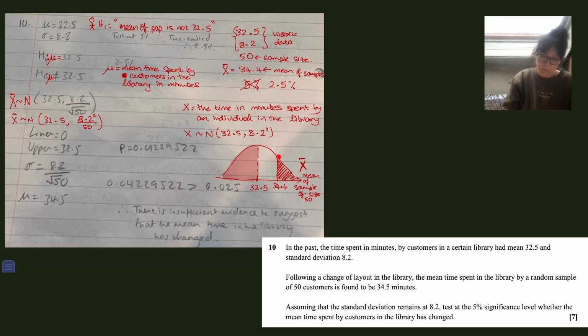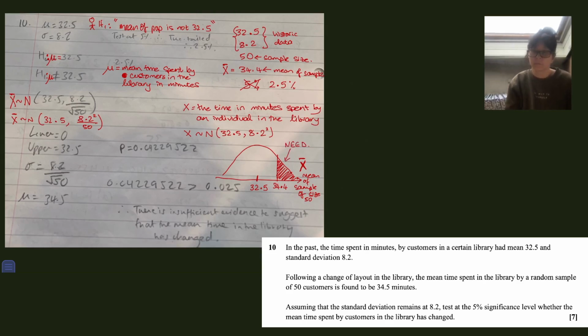We've got the distribution of x bar, which has a mean of 32.5, which is what H0 is claiming, and then we've got a result from our sample of size 50, which is 34.4, and what we need to find is this area here. I'm going to get rid of this because this is not relevant at all. This is what we need.